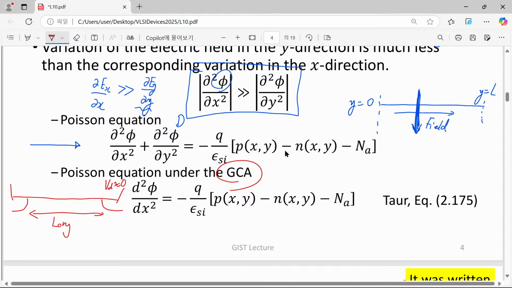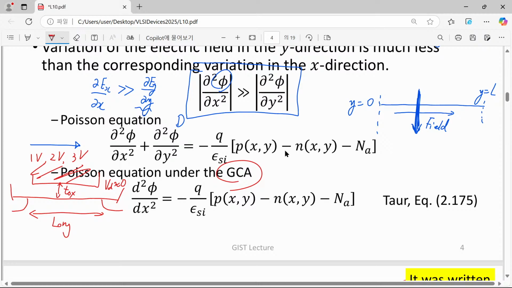For example, 1 millivolt, 10 millivolt, 50 millivolt. But in the vertical structure, we apply, for example, 1 volt, 2 volt, 3 volt at the gate contact, and that is separated by a very short length scale, just Tox. Tox is on the order of nanometers, and the length is at least 100 nanometers or several micrometers in our case.